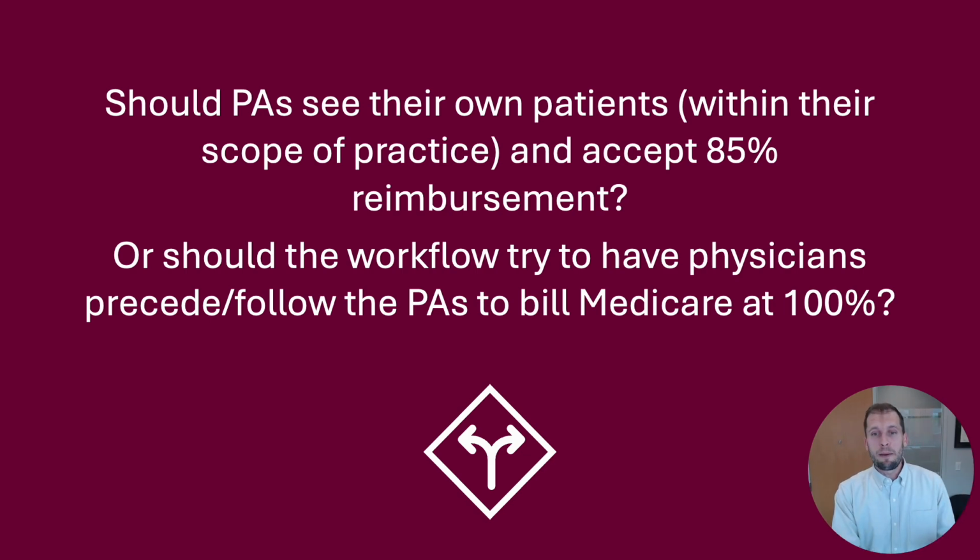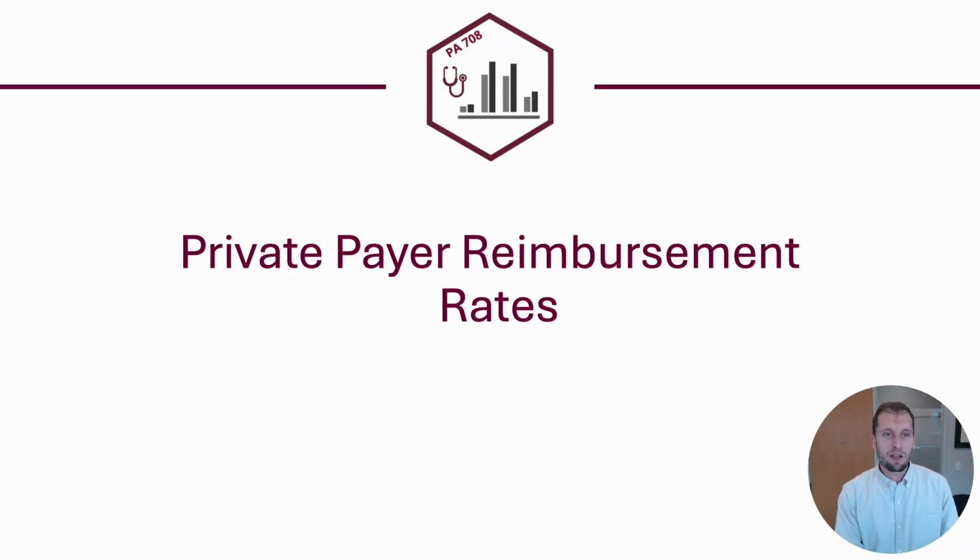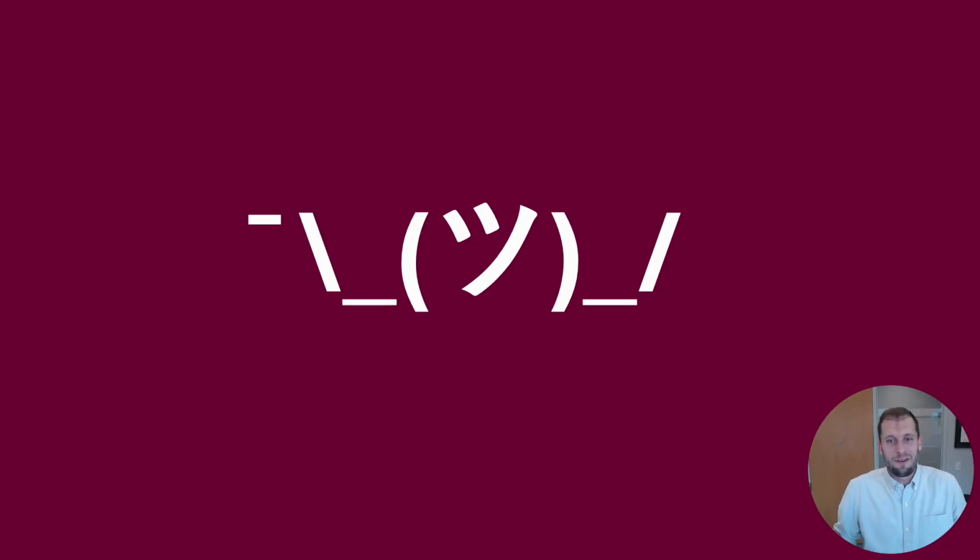Okay, so we've talked a lot about Medicare. Let's talk about private pay reimbursement rates. So how much are you going to get reimbursed for a third party, insured patient? So a patient with United Healthcare from their employer, Target, whoever. Back to my old favorite emoji. I don't know.